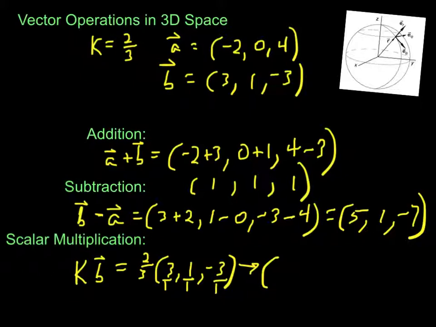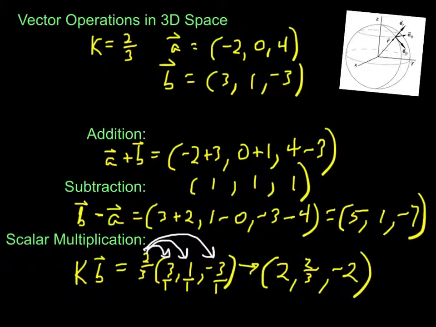So when you do this multiplication right here, you're going to get 6 over 3. 6 over 3 is the same as 2. When you do this multiplication, well, 1 times anything is itself. So 1 times 2/3 is 2/3. And when we do this one over here, 2/3 times that, that's going to give us a negative 6 over 3. Negative 6 over 3 is a negative 2. There it is. Ta-da!